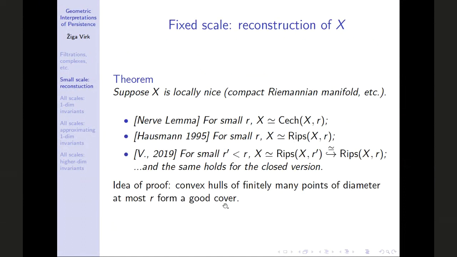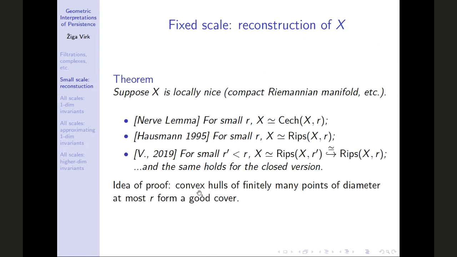So using the interpretation of the Rips complex as homotopy equivalent to the nerve of a cover using sets of prescribed diameter, we can just take a small r. Actually, the r will be as small as Hausmann's r, and see that these sets are geodesically convex sets, and they form a good cover, just because things are locally geodesic and everything works out.